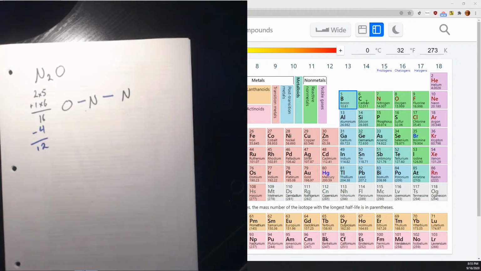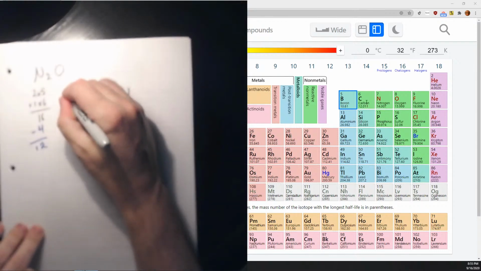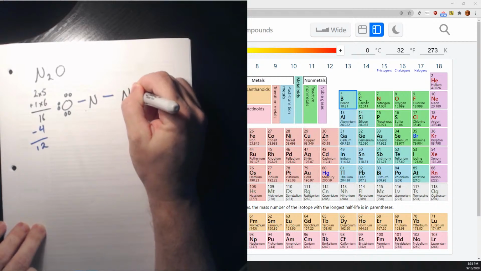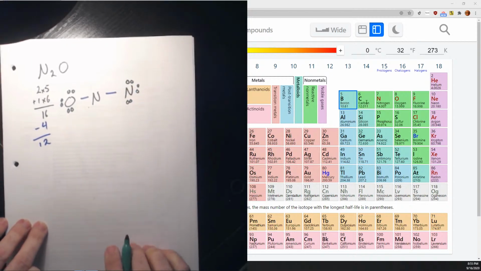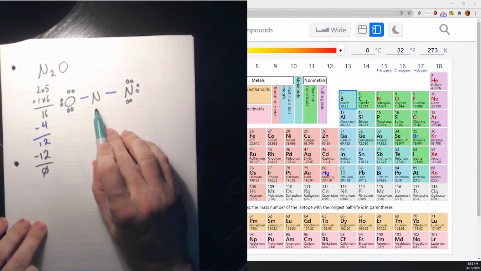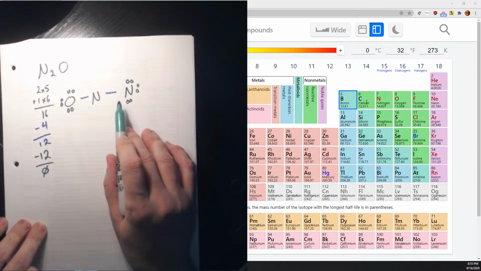Now we add our lone pairs on the satellites, so 2, 4, 6, 8, 10, 12. So that uses up all our remaining electrons. The nitrogen in the middle doesn't yet have a stable octet. So the only way to remedy that is by bringing lone pairs in as double and triple bonds.